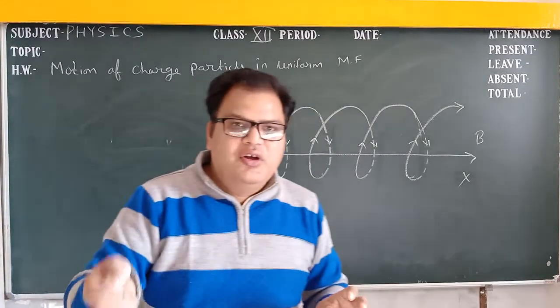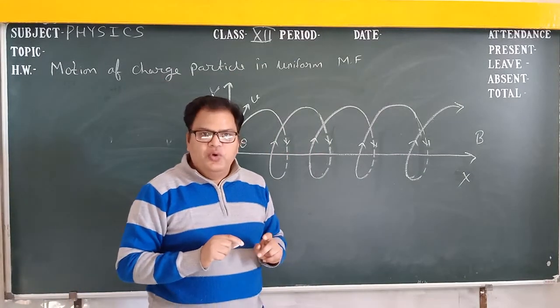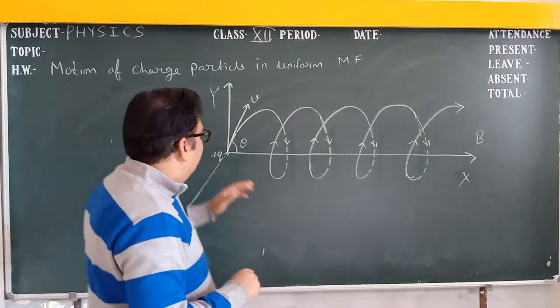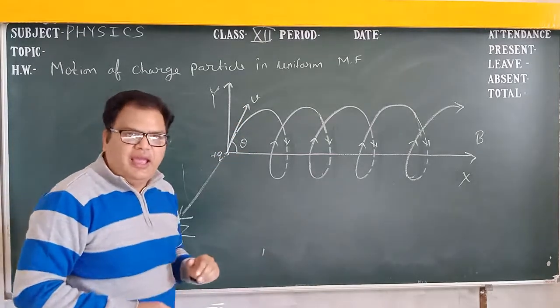Previously we have learned about the case when v and B are perpendicular to each other. Now v and B are at some angle.